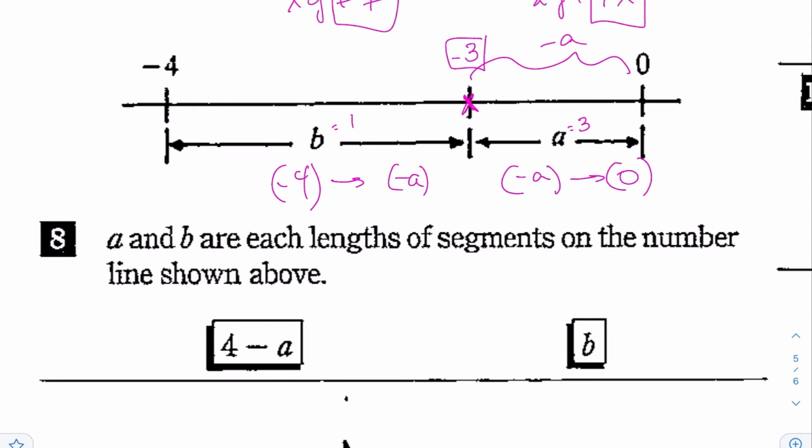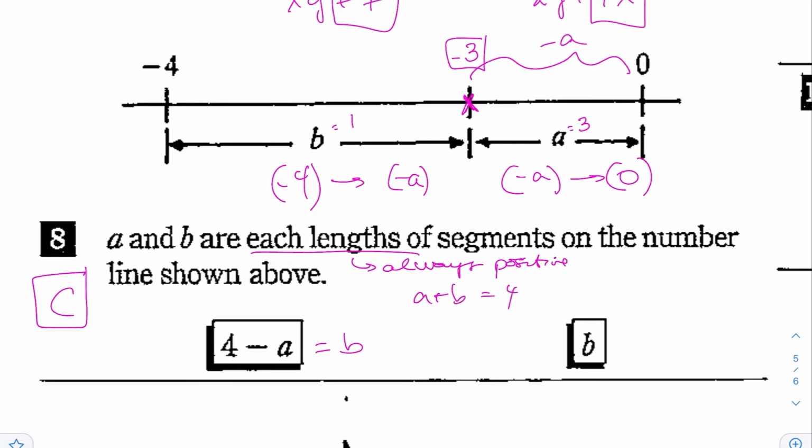So remember, A and B are the lengths, so they're going to be always positive. And 4 minus A will always be equal to B. So the answer is going to be choice C. Here, A plus B, the distance A and B, has to be equal to 4. So B will be 4 minus A.